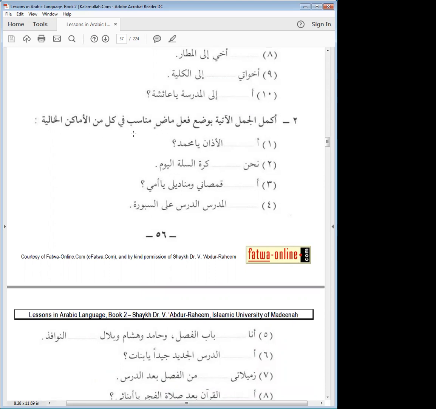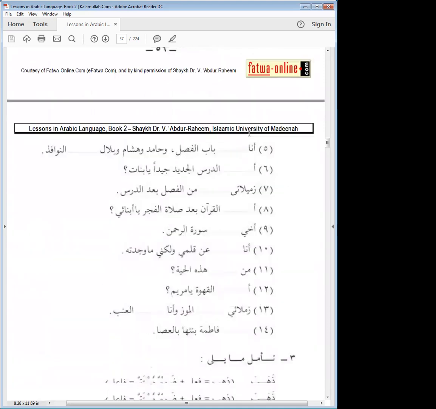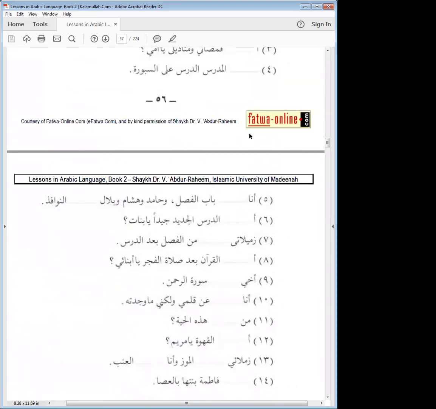We have sentences and we have to fill these blanks with a suitable past tense verb. So the previous exercise was only with the verb ذهب. Now we can use any past tense verb, right? And we have to conjugate it in the suitable manner according to the sentence. All right. So let's see if we can go through this.